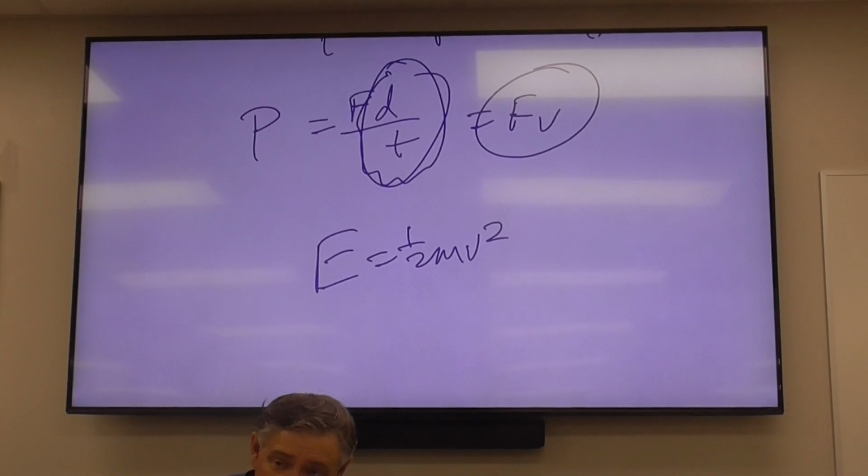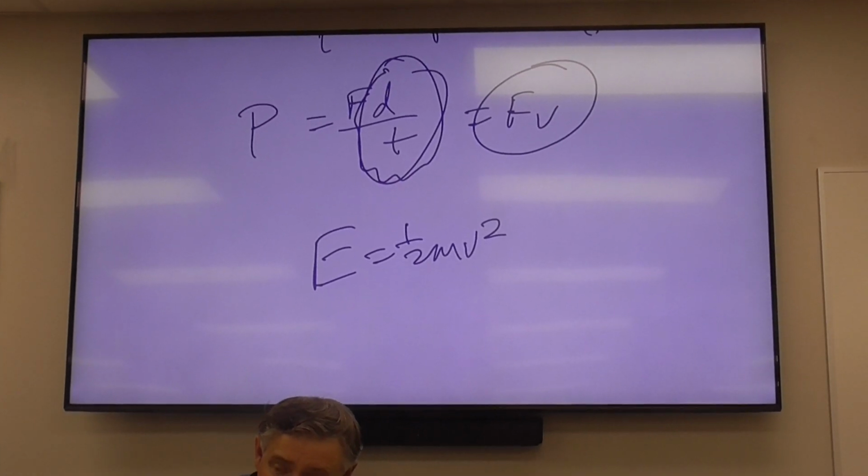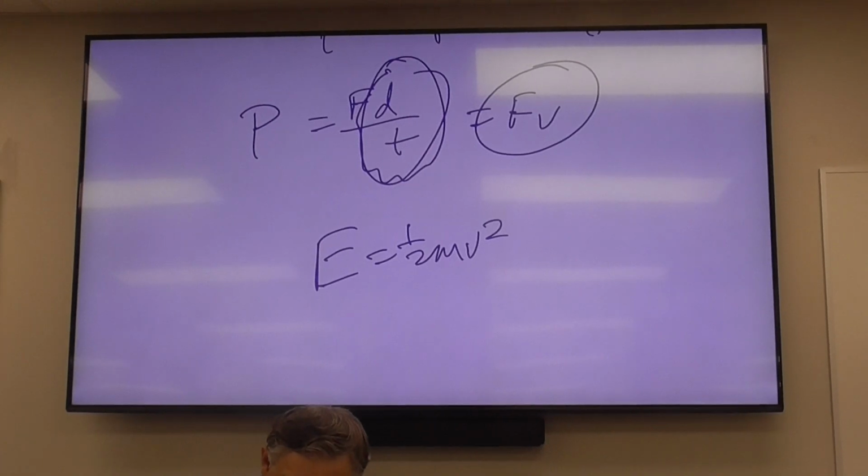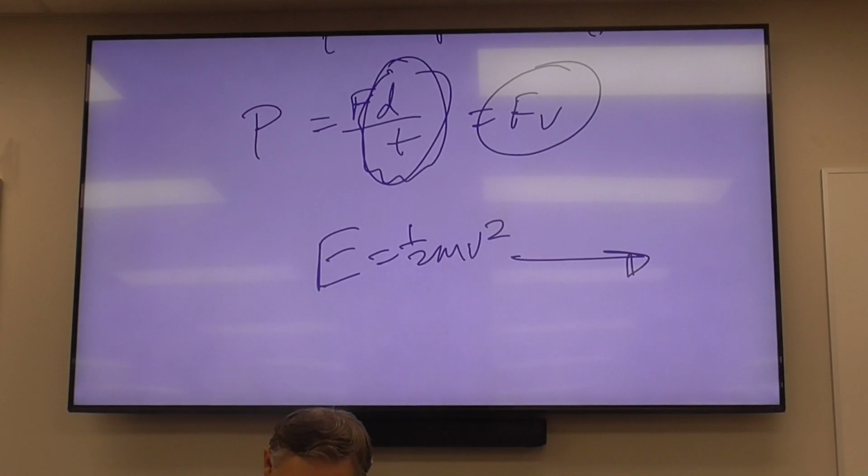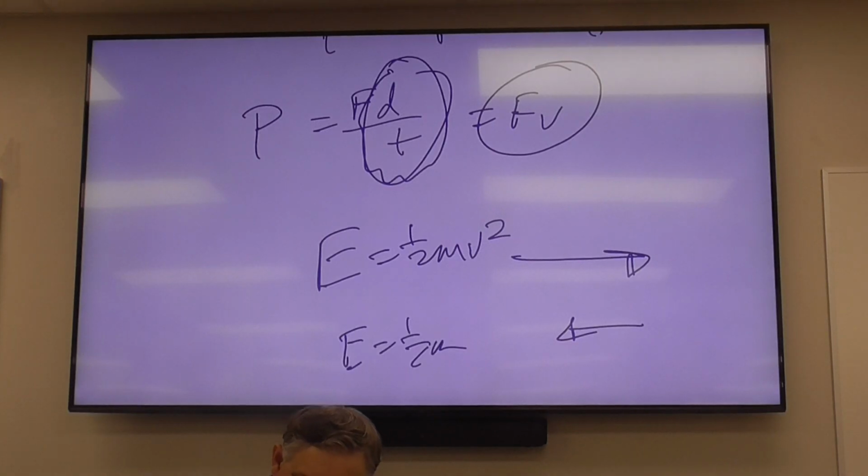So this is how much energy it has when it comes in, and it's going to bounce back with E equals 1/2 m, and then for the velocity, (v/4) squared.